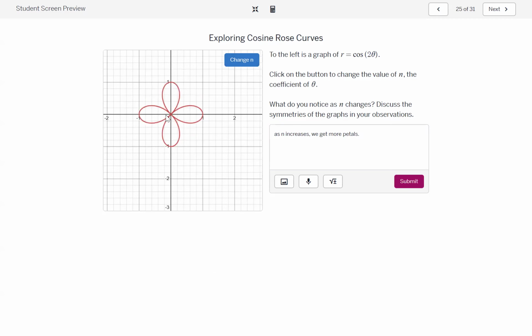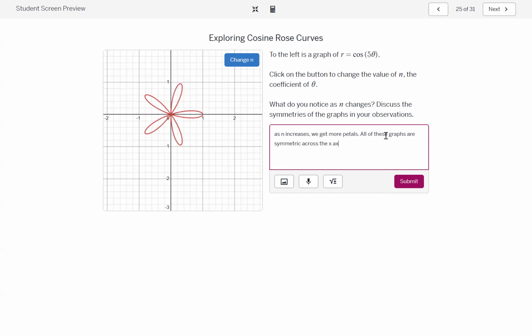And then if I look at the symmetry, it's top bottom symmetric. So all of these graphs are symmetric across the x-axis. Some of them are symmetric across the y-axis as well.